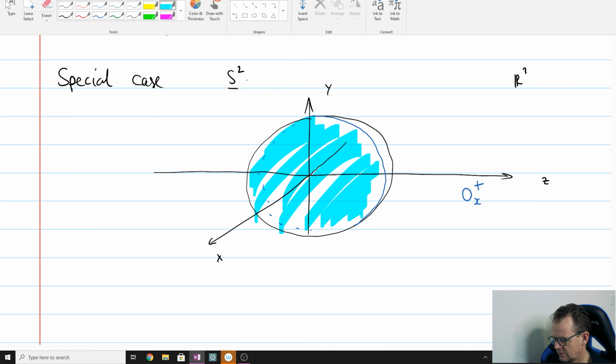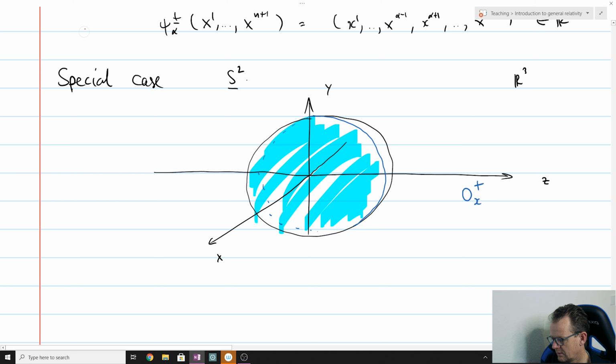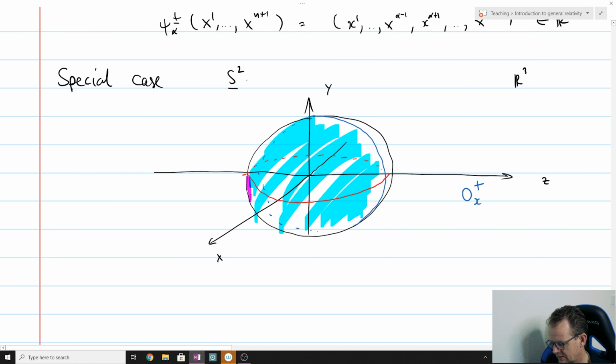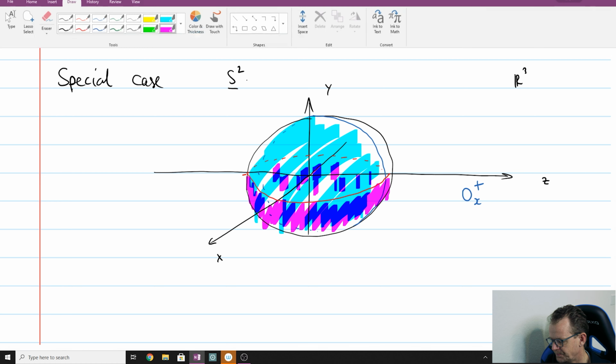And let's draw another one. Let's try OY minus. So here's a circle around the y equals 0 equator of the sphere, and OY minus is the set of all those points underneath this coordinate axis there.